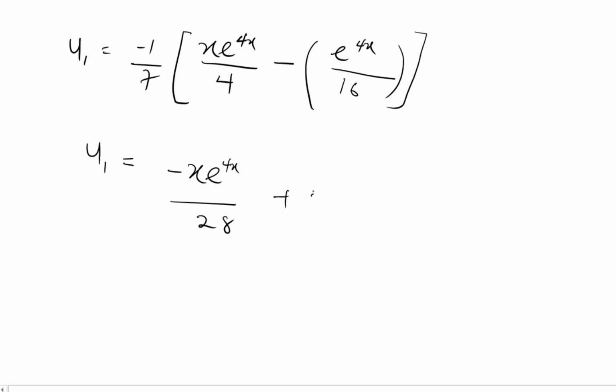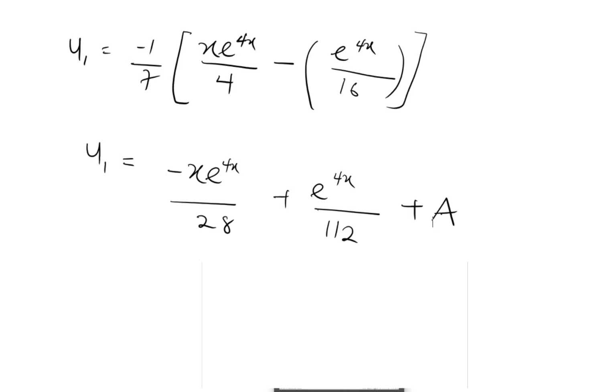Then plus exponential 4x all over 16 times 7, which is 112. Plus an integration constant, that's plus c, but let me say plus a, so constant number 1. So here I've gotten my u1.